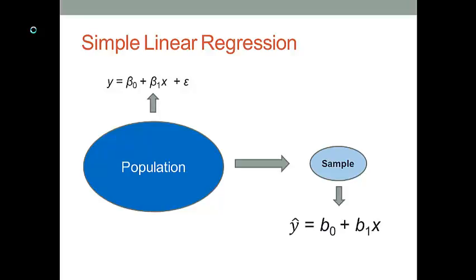So once we get the linear regression model from the sample, we can predict if the population has a similar relationship. Before that, we want to check the overall regression relationship. We want to check the individual parameters, and we also want to take a look at the residual plot. We want to make sure that the model from the sample is representative of the population.